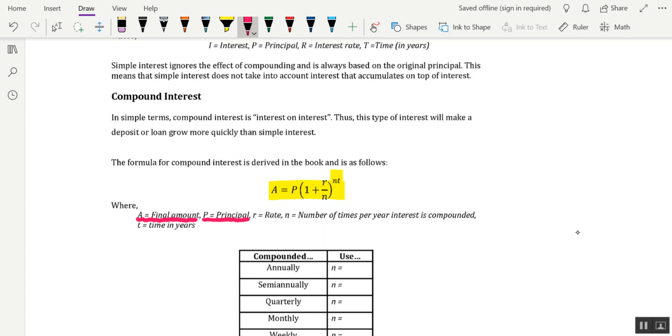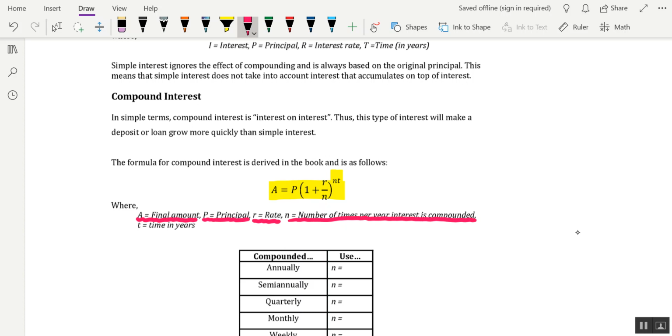So if you took out a loan of $2,000, that would be the value of P. And R stands for the rate, which, keep in mind, we want to convert back into an ordinary number versus a percent. So I like to say use the decimal version of the annual percentage rate that they give you. And N stands for the number of times per year the interest is compounded.